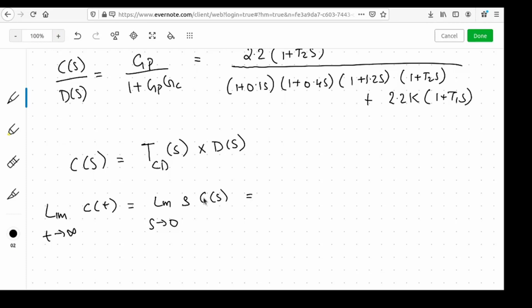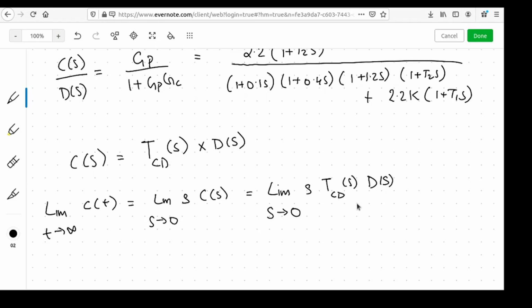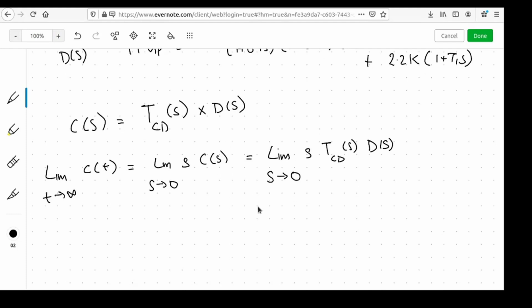Substituting, that is limit s tends to 0, s times Ttd of s times D of s. D of s is a unit step input, so that is limit s tending to 0, s times Ttd of s times 1 by s.